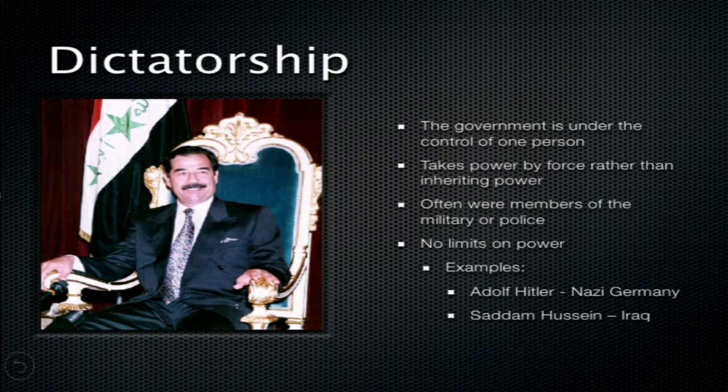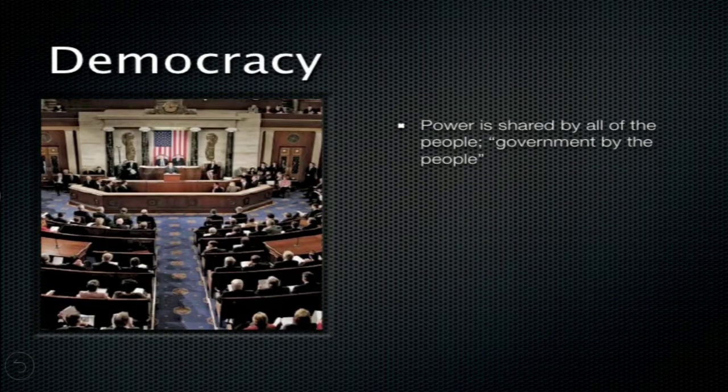Children, when you go further in the bigger classes, you will study in detail about Hitler and what he did in Nazi Germany. And Saddam Hussein is another example of dictatorship, which prevailed in Iraq.